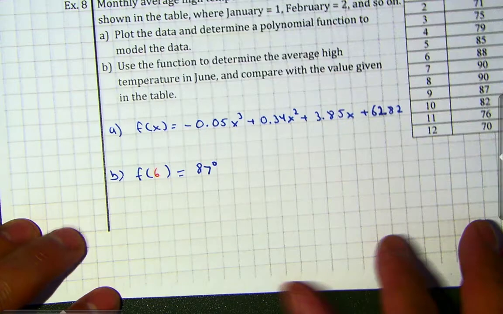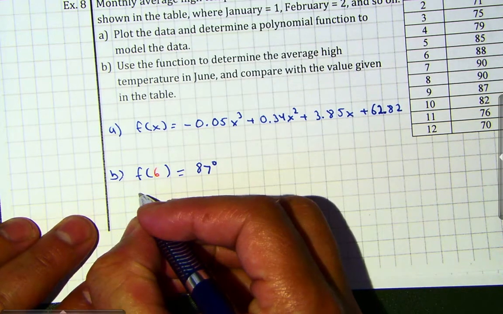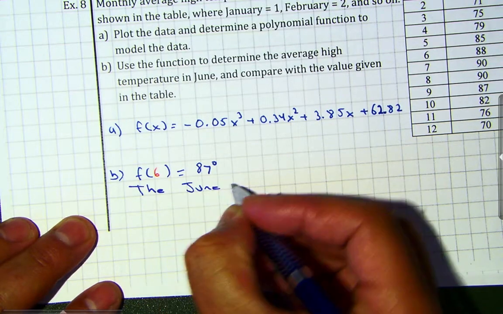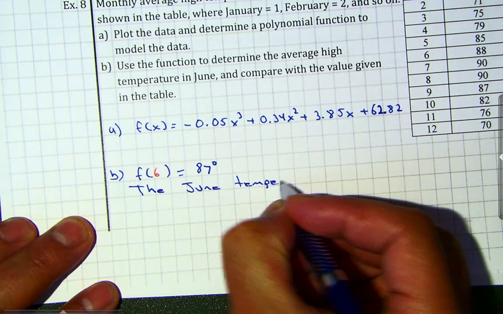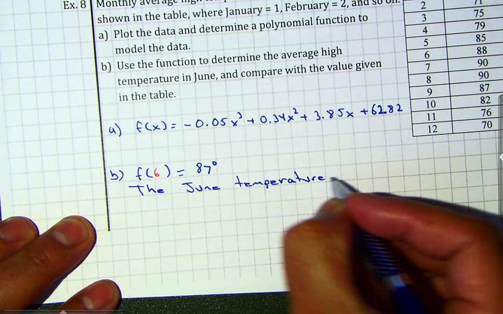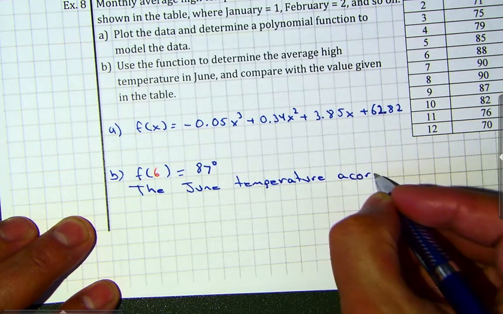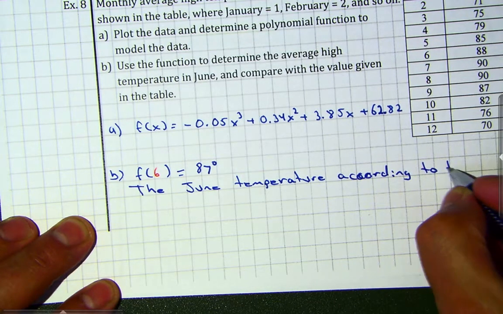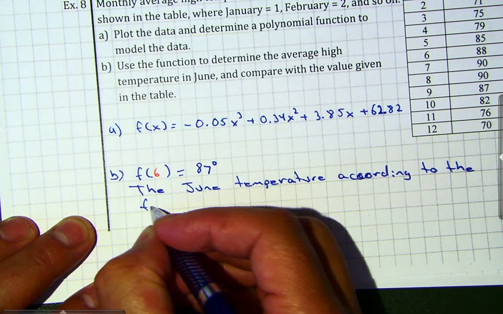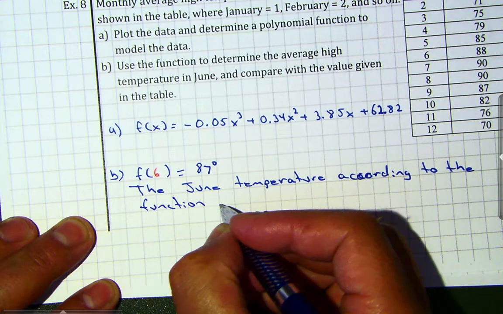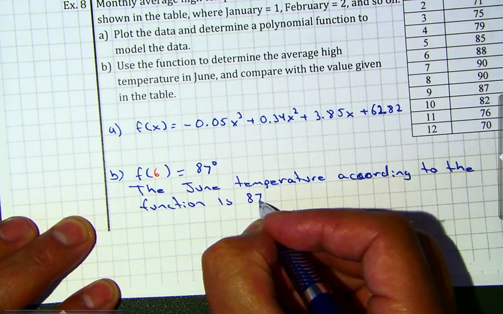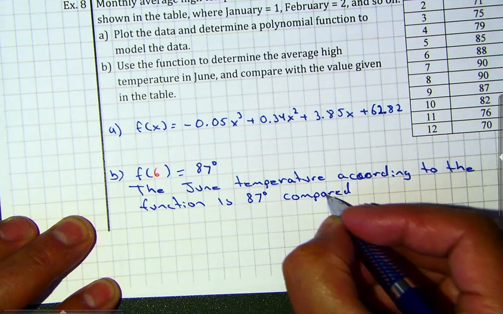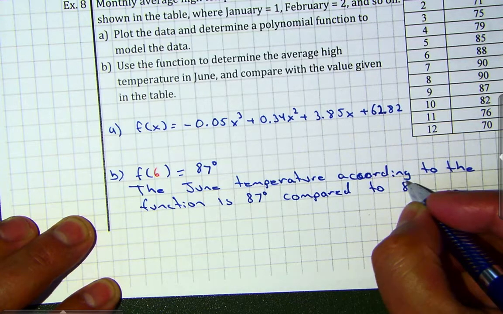So the value for the function for June, the June temperature according to the function is 87 degrees compared to 80 degrees on the table.